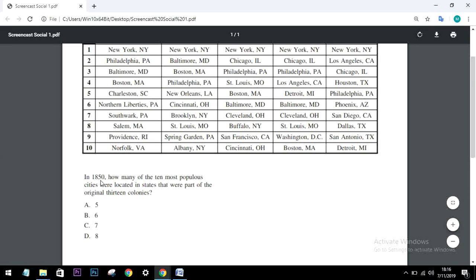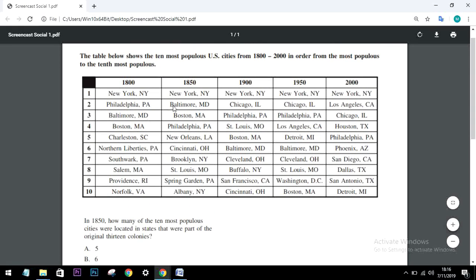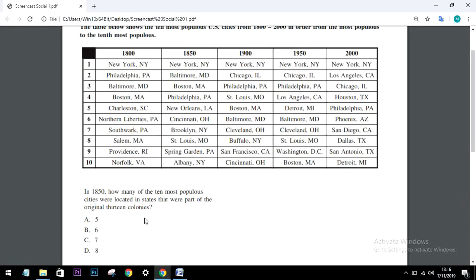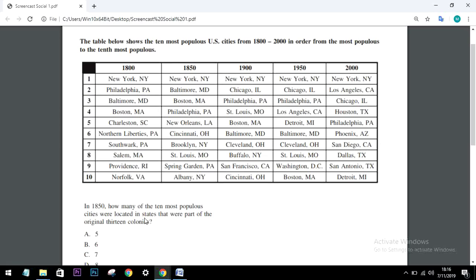So the year that we are talking about here is 1850. This particular column. So the question again, how many of the 10 most populous cities were located in states that were part of the original 13 colonies? All right, so let's try to count based on the word association and the mnemonics that we learned a while back.